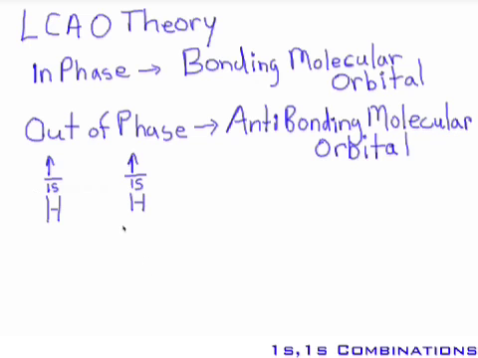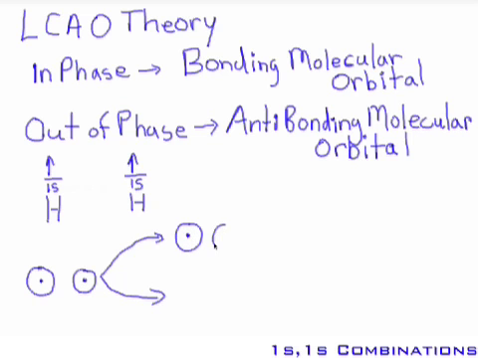Now, as these two hydrogens approach each other, they can come together one of two ways. They can come together out of phase. Let's draw them overlapped.